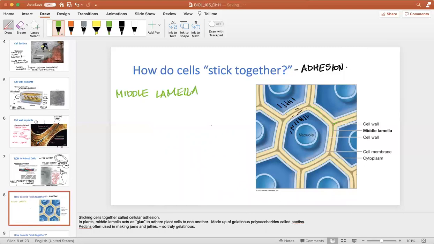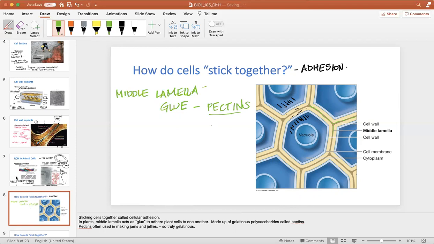Again, think of it as glue. I think your book actually says to think of it as like, if these were slices of bread, then that's the peanut butter in the middle. Whatever works for you, basically it's just a sticky substance. It's actually made up of more of those pectins, okay? The stuff that makes jams and jellies gel-like, okay? So you can imagine that might make a good glue type substance.